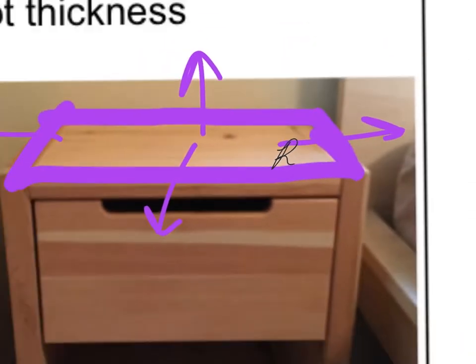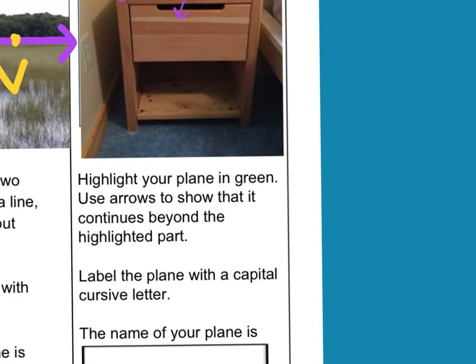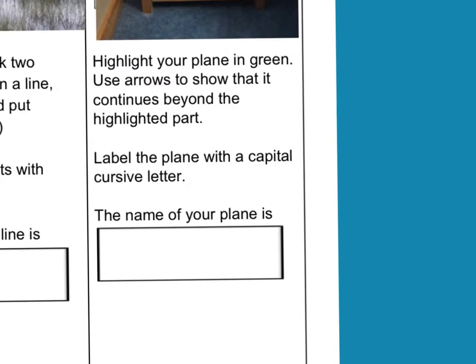I would label it by putting a capital cursive letter in the corner of this plane. And I'll use capital cursive R, just because I like R's. So the name of my plane is plane R, and as long as it's a capital cursive letter, I will know that I'm referring to a plane.